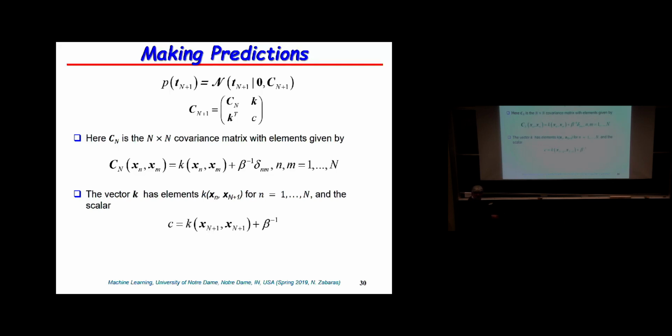Right? Because this is for n plus 1 points. So this will be the kernel evaluated at xn, x capital N plus 1 for n from 1 to n. And then C will be the kernel at xn plus 1, xn plus 1. And of course, everywhere in the diagonal you add the noise beta as well. And so Cn plus 1 is what you see there.